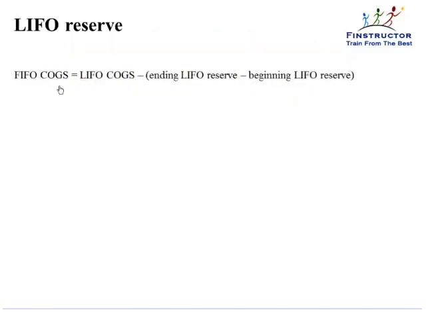Now, if you recall the cost of goods sold formula from the first slide, the FIFO cost of goods sold would be nothing but the beginning FIFO inventory plus the purchases minus the ending FIFO inventory. That's the formula for the cost of goods sold.